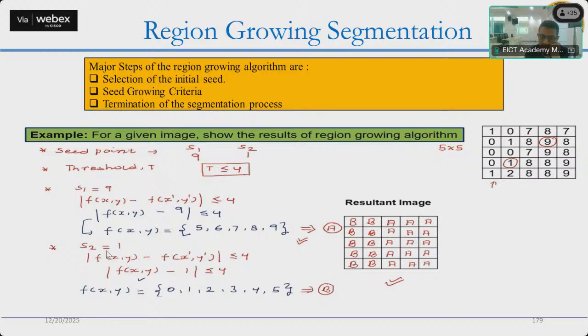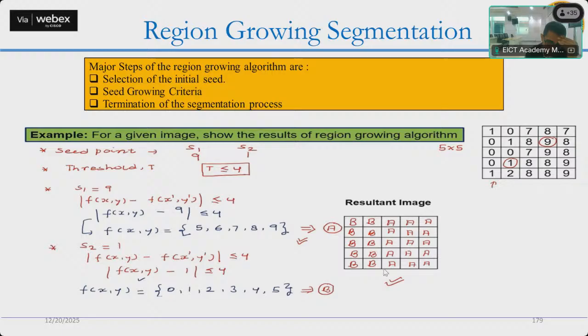Then you take the next seed, and in this case f(x,y) minus this value, the mod is less than 4, and this seed value is 1. So what are the values which fulfill this criteria? Here it will be 0, 1, 2, 3, 4, 5.